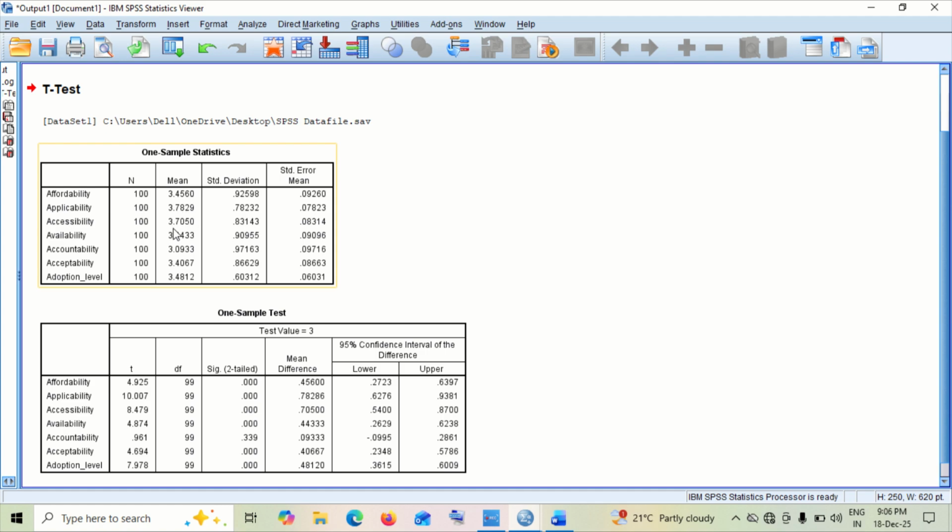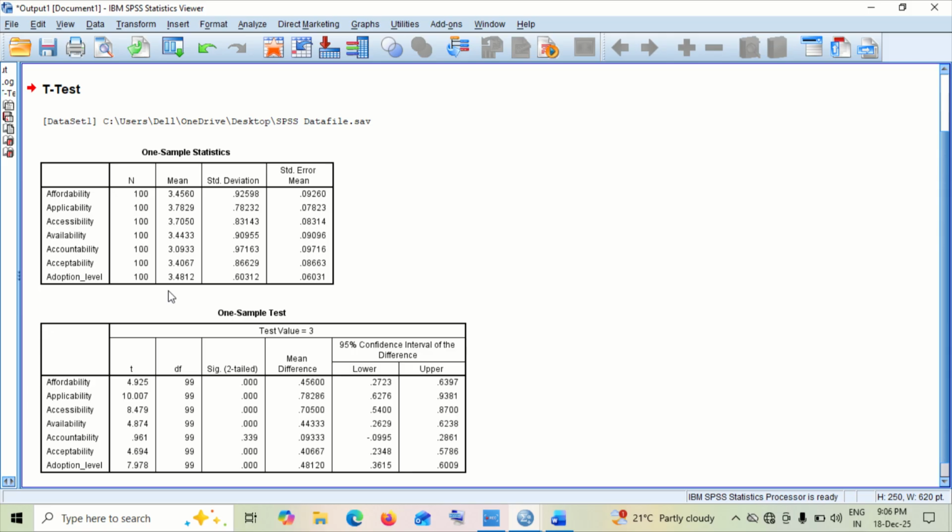Third component has the mean score of 3.705. Fourth component has the mean score of 3.44. Sixth component has the mean score of 3.406. And regarding the overall adoption level, the mean score is 3.481.